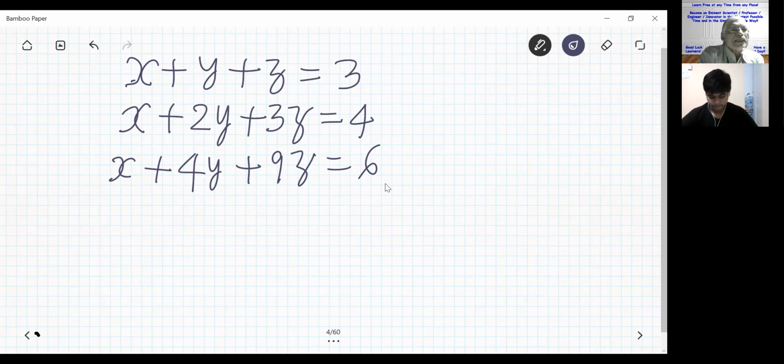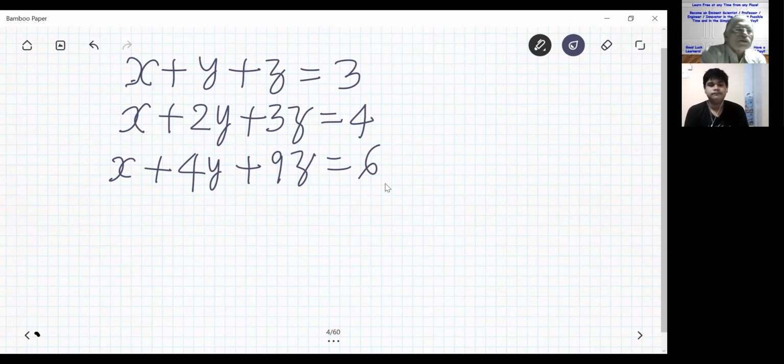See that all x's are coming one below the other, all y's are coming one below the other, all z's are coming one below the other. Then the numbers must come after the equal to sign. So if the given equation is not in this order, first you have to write it in this order. Then writing the coefficients of x, y, and z as a determinant, find delta. For this problem, you got delta is equal to 2, which you have done just now.